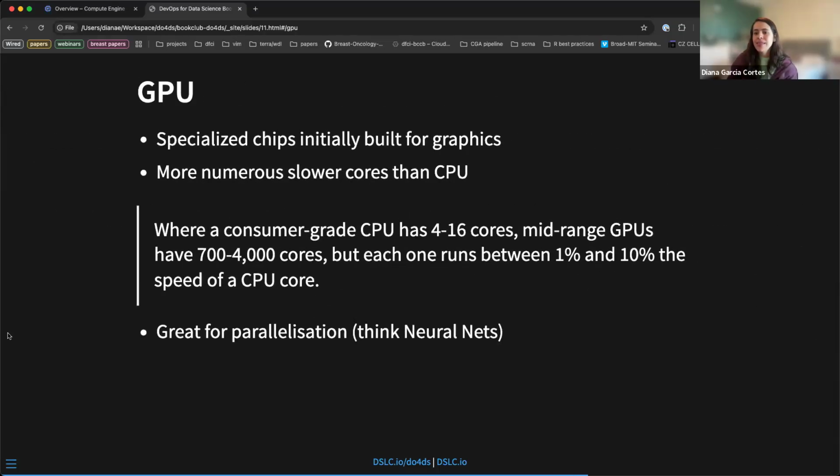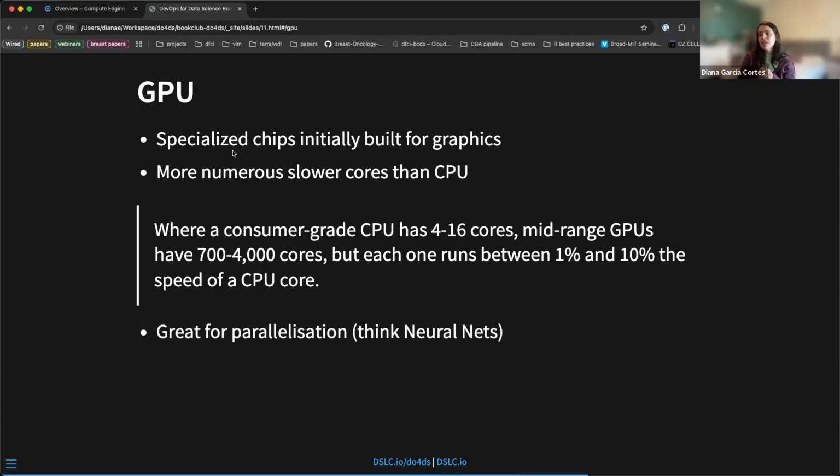Okay, and the other type of processor that we have are GPUs, which stands for graphical processing units. They are specialized chips that were initially built for graphics, and now they're usually used for machine learning and for Bitcoin mining and all that.